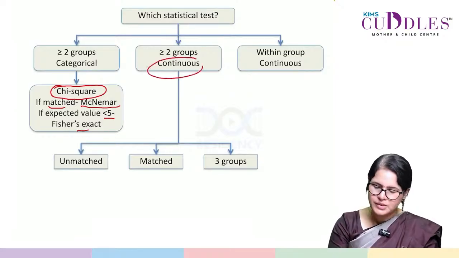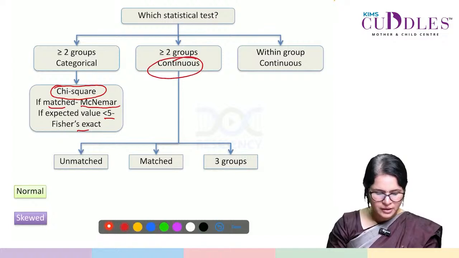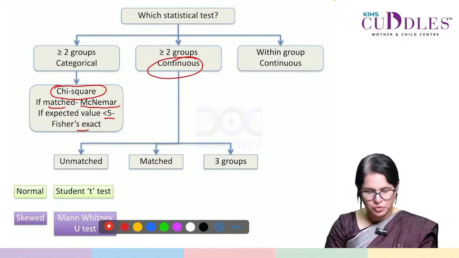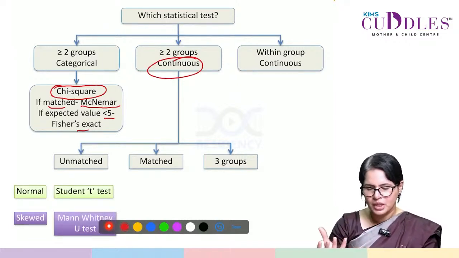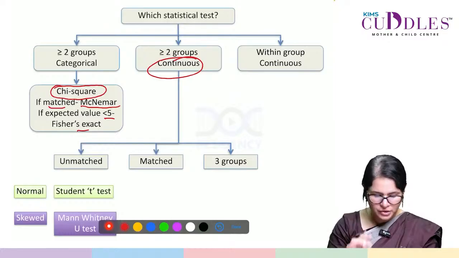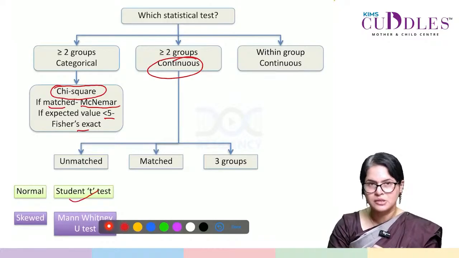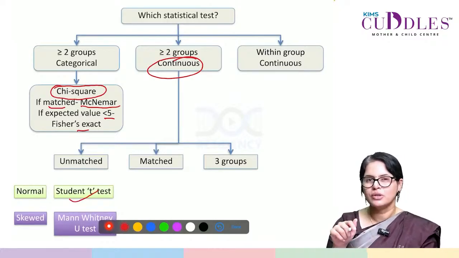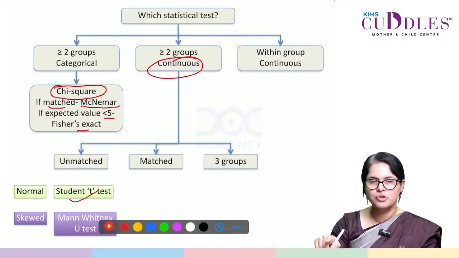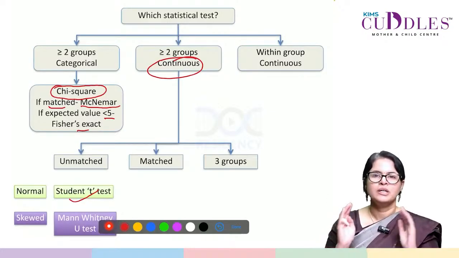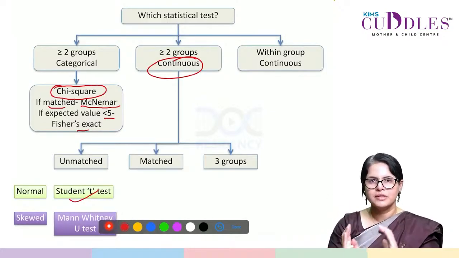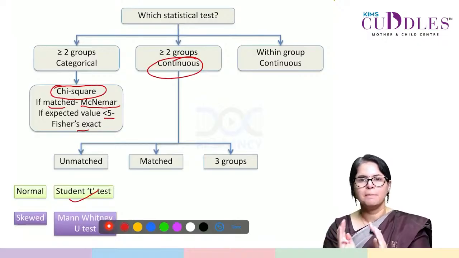Whereas when you have continuous data, then we have to see whether it is normally distributed or skewed. Now, if it is two or more groups and it is normally distributed, then we use the student t-test or the simple t-test. If it is skewed, like we discussed, the distribution is not a Gaussian type distribution. It is not that equal numbers of individuals are present below or above the mean value.